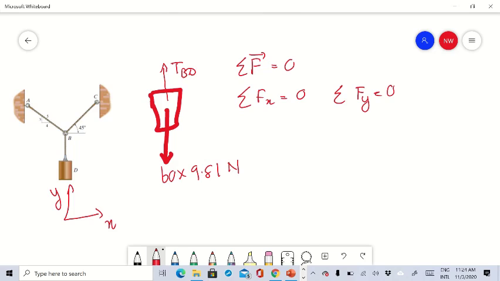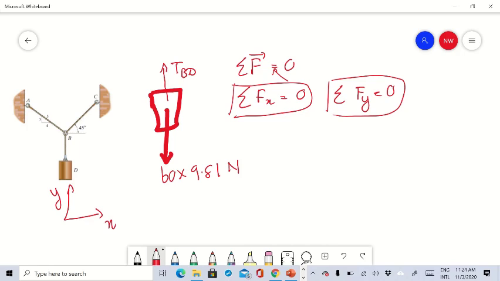It is the same equation: if a particle is in equilibrium, the vector summation of the forces acting on it should be equal to 0, and resolving into x and y directions, each summation should be equal to 0.